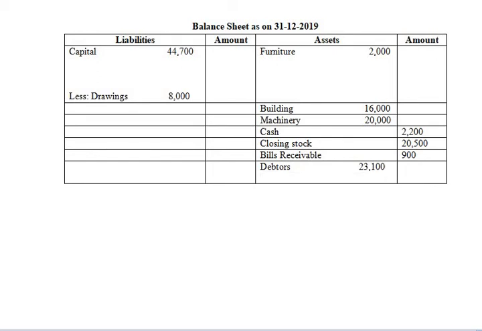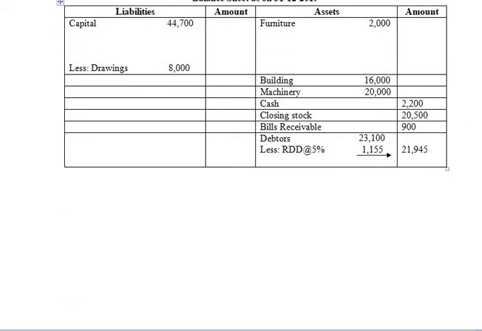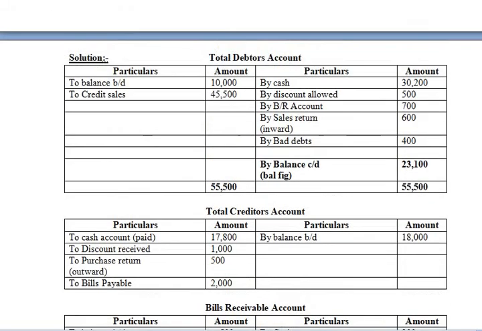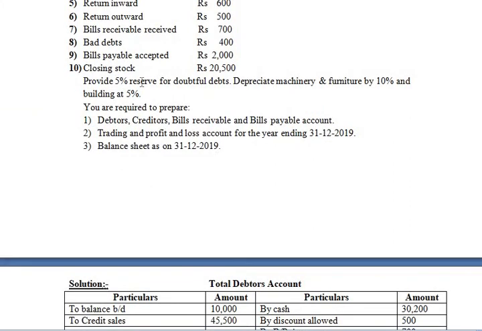From this you will minus RDD at 5%. The amount is 1,155. So the amount is going to be 21,945.